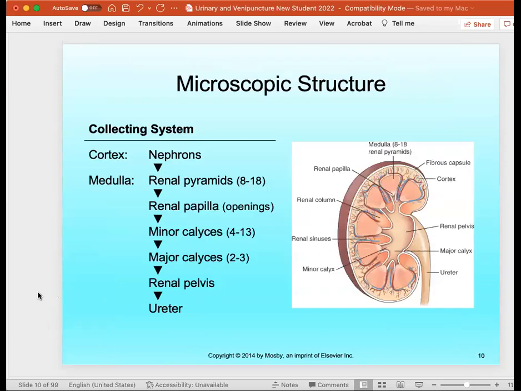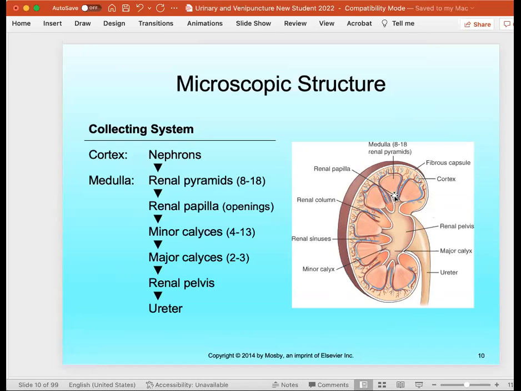This is important, you will have to identify these structures. The different microscopic structures of the kidney: we have the ureter, the renal pelvis, then the major calyx. We have these individual renal pyramids, 8 to 18 renal pyramids.